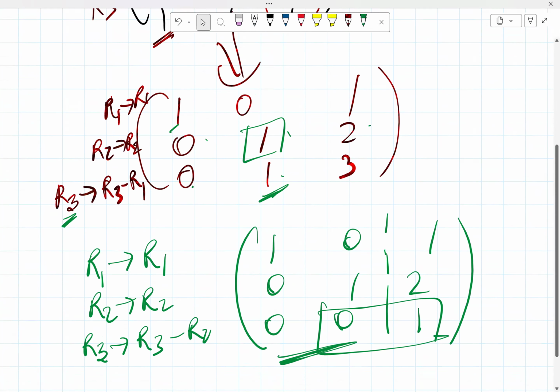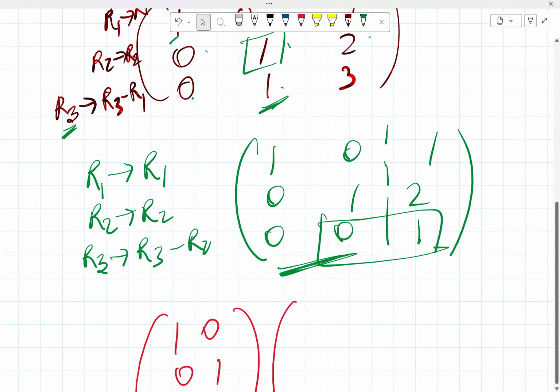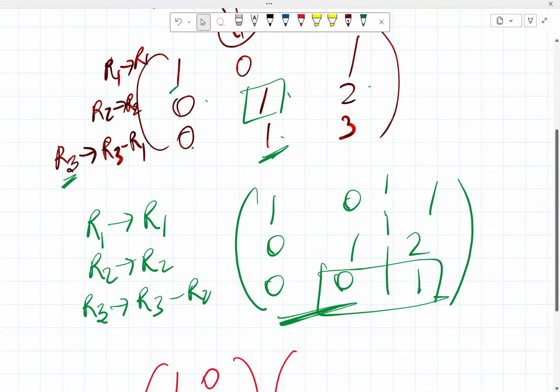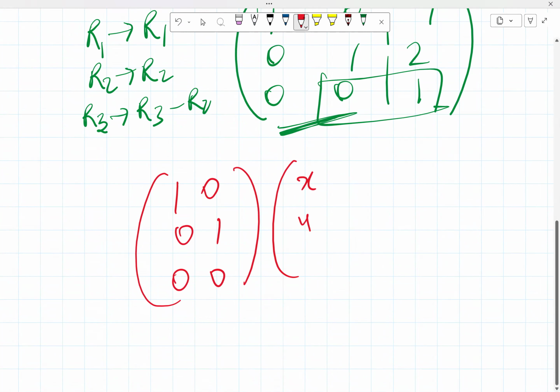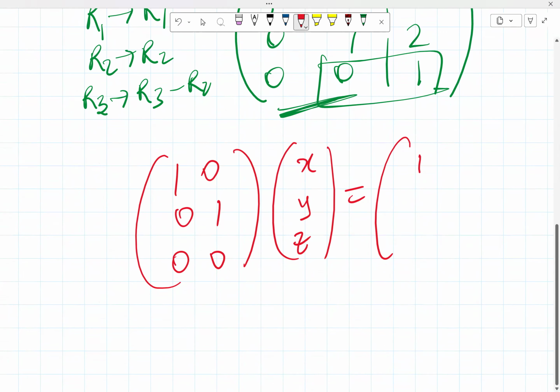That is, if we bring it over and we say this is 1, 0, 0, 1, 0, 0, and we have that together with the variables, because normally this system should be coming from, say, x1, x2, x3, or x, y, z, and that is equal to 1, 2, 1.